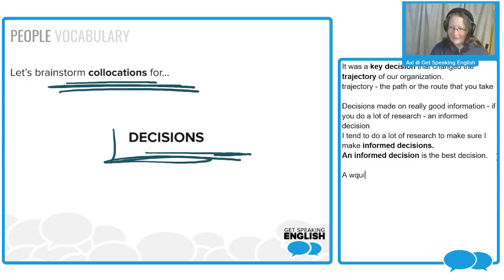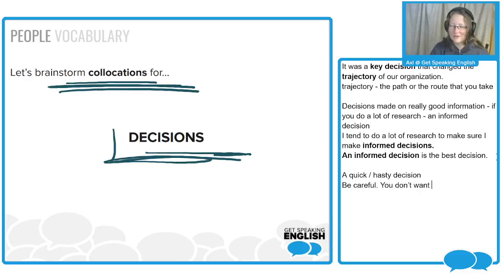And also, you might hear people making, for example, maybe a quick or a hasty decision. So, for example, if you make a hasty decision, you make it without doing a lot of research, without thinking a lot, because maybe you don't have a lot of time. So, for example, be careful.